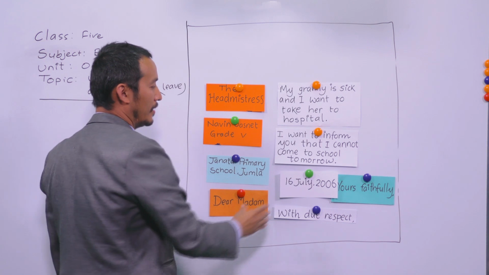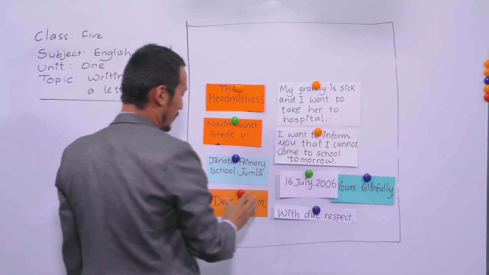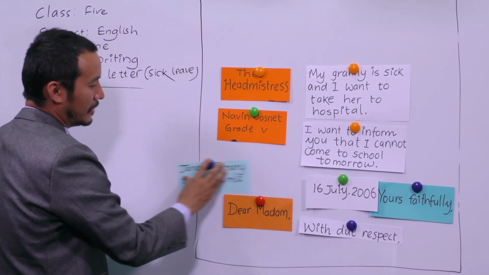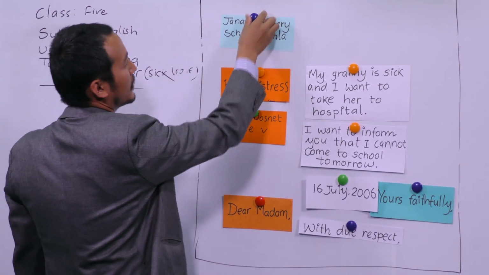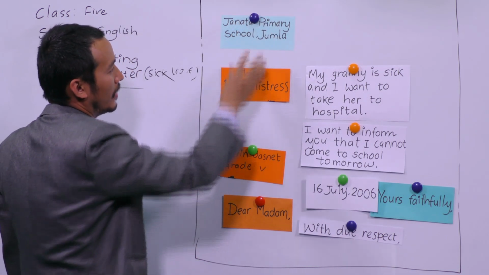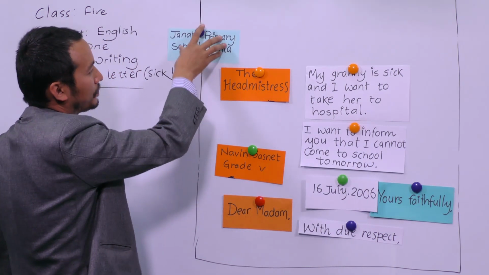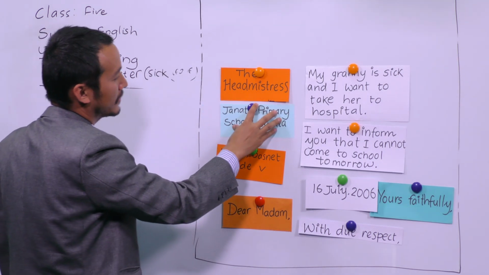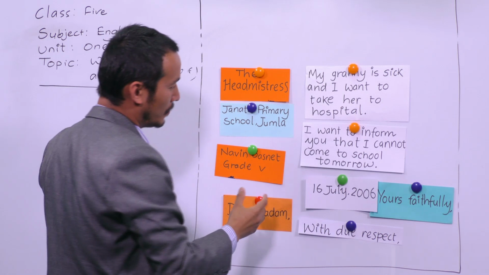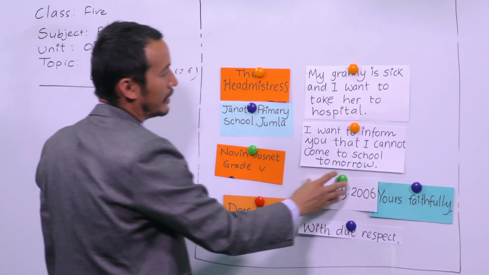Okay, let's see. And then what is this? This is Janata Primary School. Where does it go? This is the address of the headmistress, right? Okay. Then what do you put at the beginning?